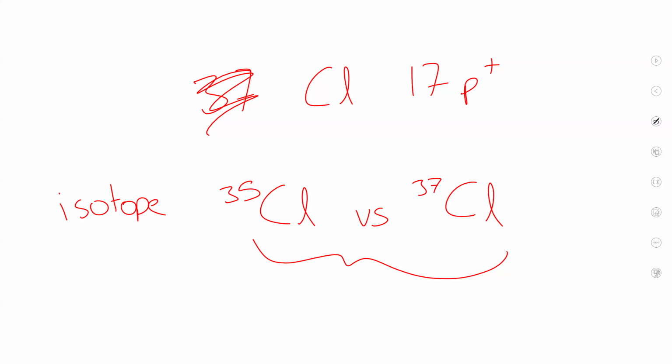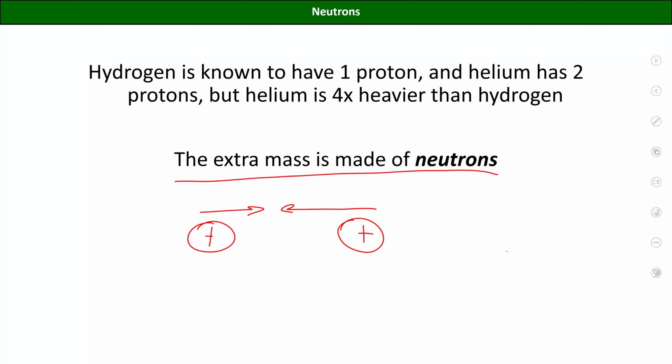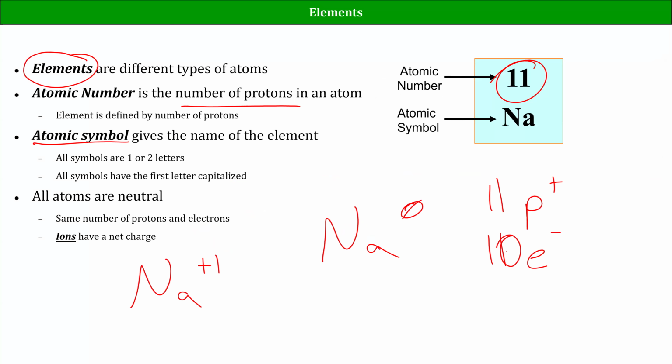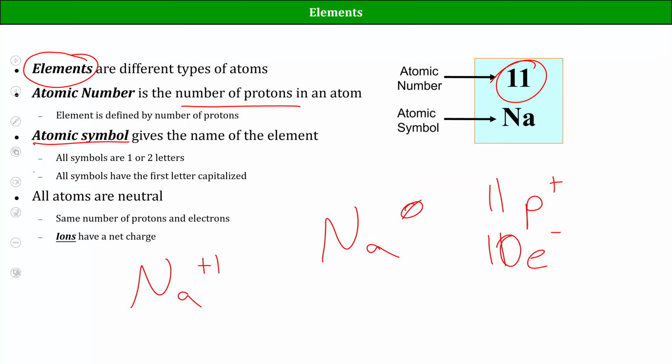The other thing I keep meaning to go back and reiterate: all atomic symbols have the first letter capitalized. This is why we start by paying attention to our capitalization on our units, because it matters for our elements as well.